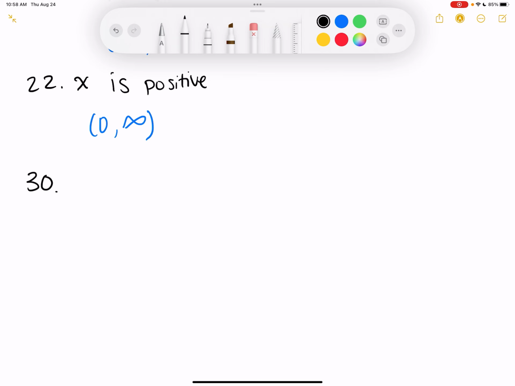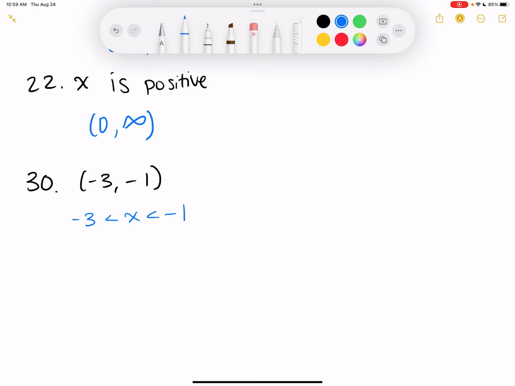Okay, so these ones said to convert to inequality notation, find the endpoints and state whether the interval is bounded or unbounded and its type. So we have -3, -1, and it's parentheses. So in inequality notation, what would this be? -3 less than x less than -1.